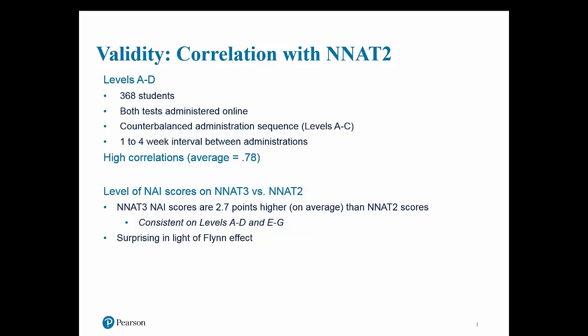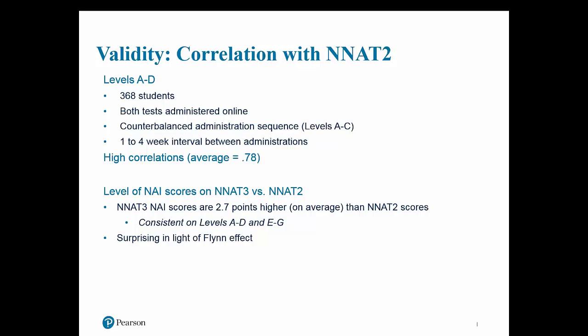We've seen a slight decrease in the performance of the population compared to 9 years ago when NNAT2 was first normed. This is surprising, although not completely surprising, because there have been other findings recently that indicate some slowdown or possibly even a reversal of the Flynn effect internationally.